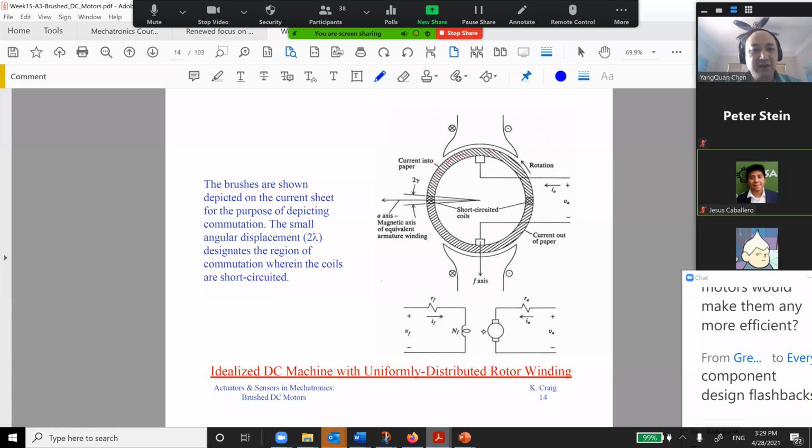Then for the armature side, the rotor side, this is the stator, and this is the rotor. On the rotor side, you also have the same. You have a shaft, and this one will give you back EMF, electromotive force, to balance everything.